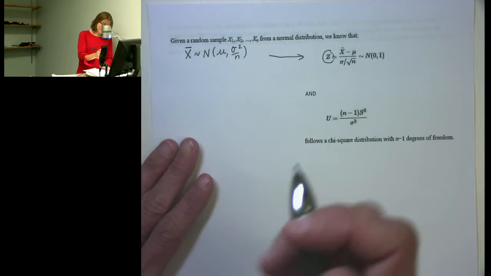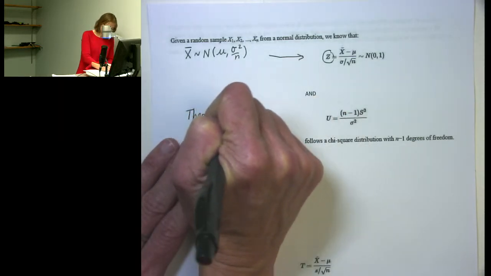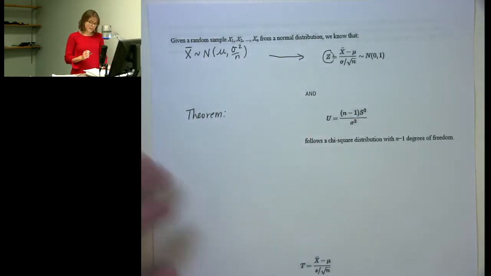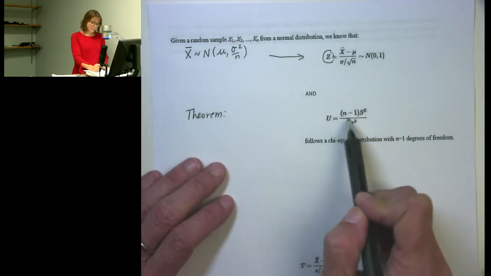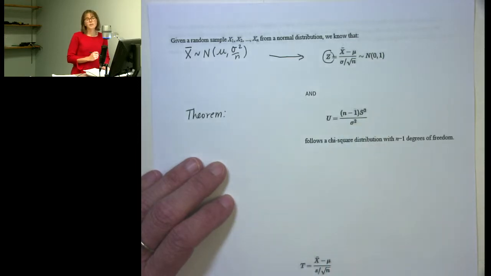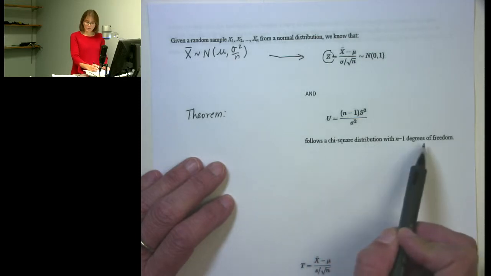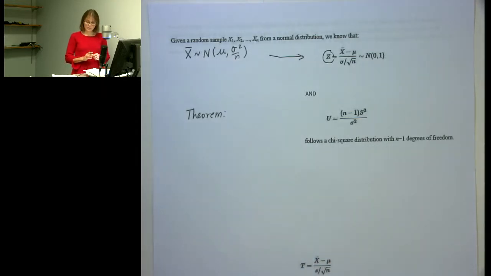We also have a theorem that stated that if I take n minus 1 times the sample variance and divide it by the population variance, I get something that has a chi-square distribution with n minus 1 degrees of freedom.